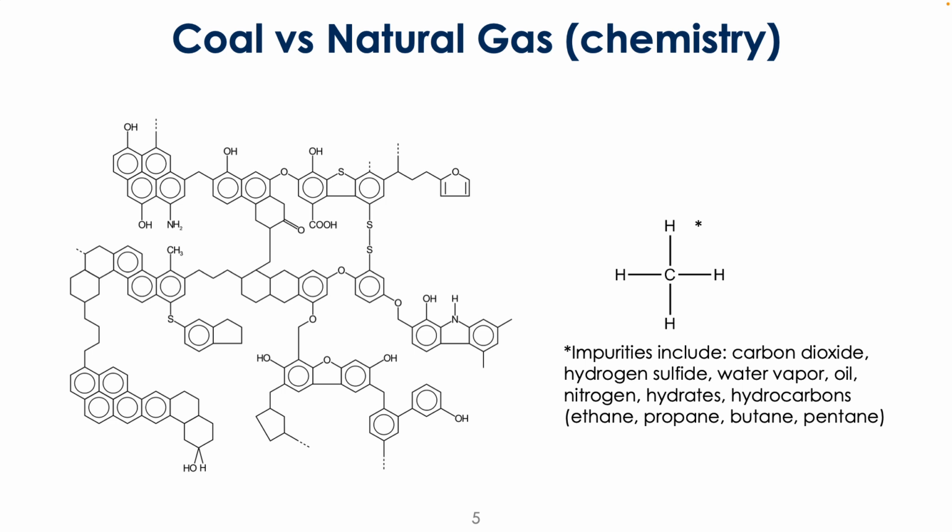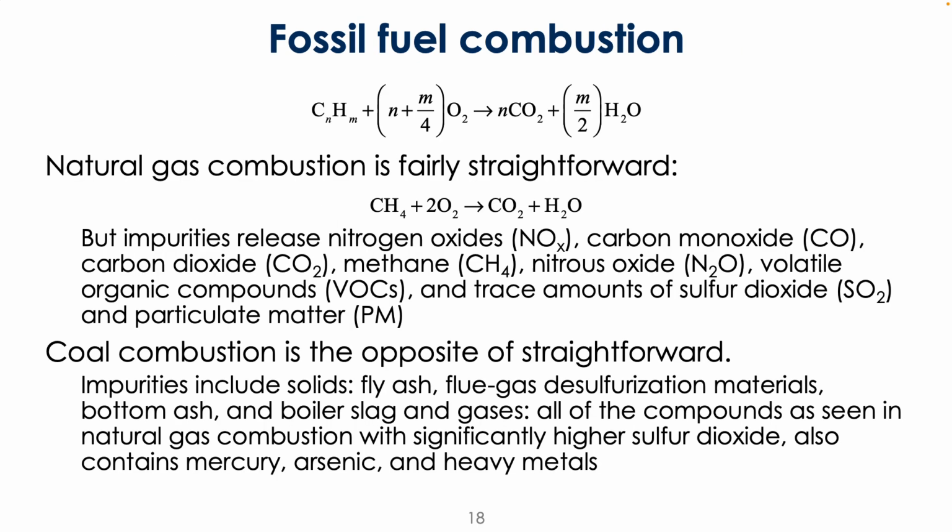So you can see the S's that represent sulfur compounds within the coal molecule. And so in addition to all of the stuff that you might get from natural gas combustion, there's all of this other stuff too. So fly ash, bottom ash, boiler slag, and a bunch of gases.